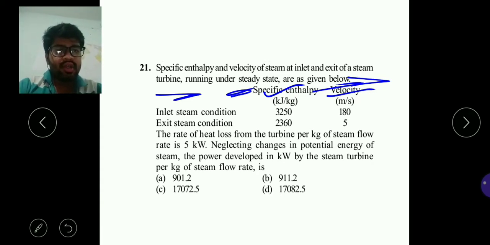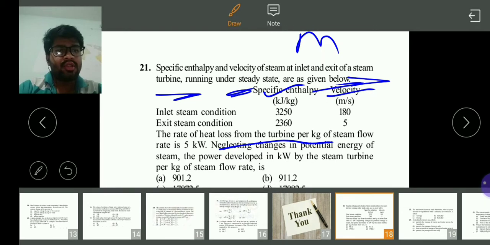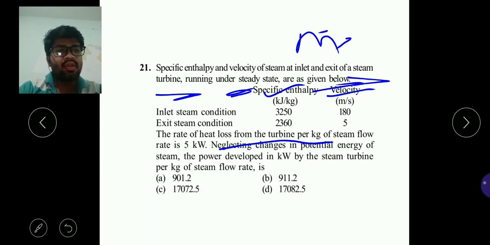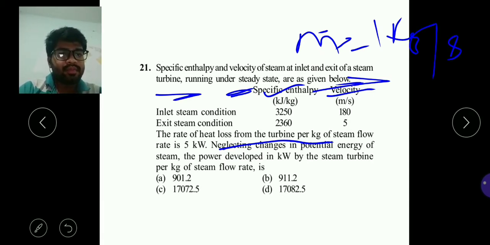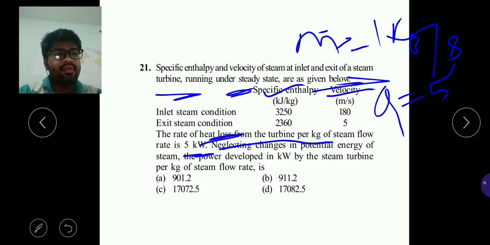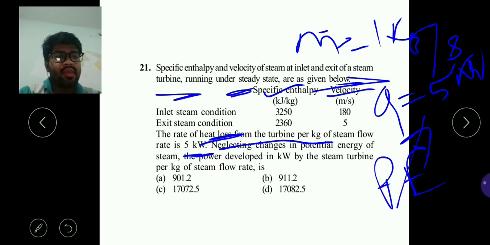The rate of heat loss from the turbine per kg of steam flow, so m is also given, 1 kg per second, is 5 kilowatt. So Q is given as 5 kilowatt. Neglecting changes in potential energy, potential energy will be neglected here, and we need to calculate the power developed in kilowatt.